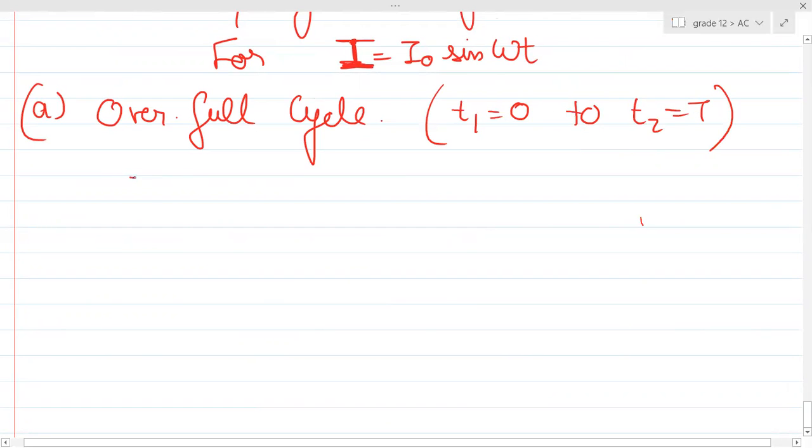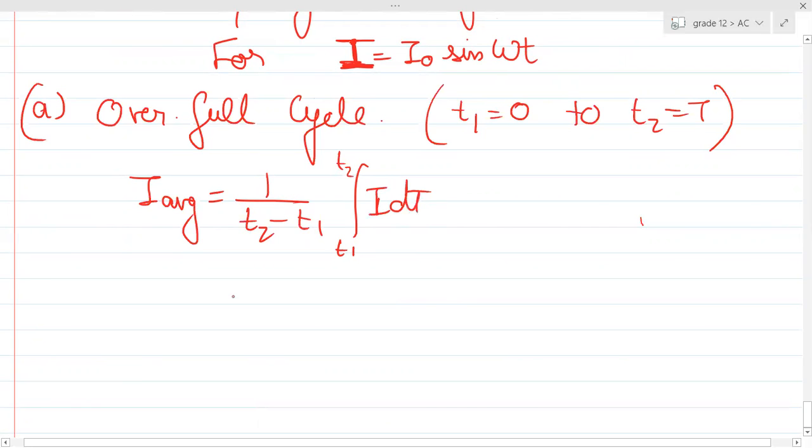I'll just write it in the formula. We know the formula for I average: 1 by t2 minus t1, integral from t1 to t2 of I dt, right?